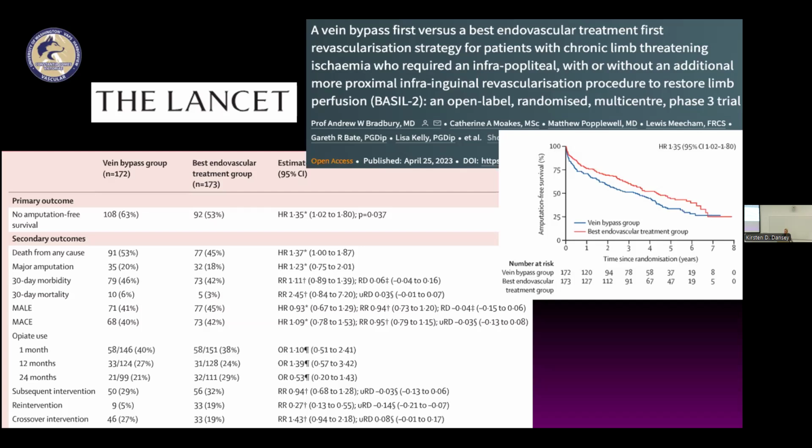The outcomes of BASIL-2 revealed that among patients with CLTI due to infrapopliteal disease, endovascular treatment was superior to vein bypass in the reduction of death or major amputation. But death from any cause was similar between surgery and endovascular revascularization.